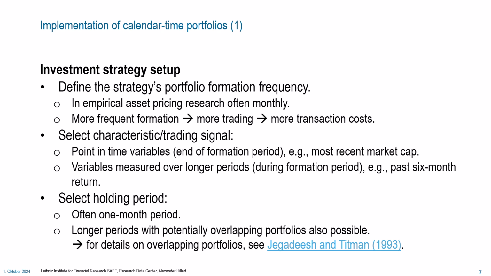However, you could also say, okay, let's do it on a daily level. Let's say each day we look at which stocks announced earnings today, and then we buy the stocks that had the biggest earnings surprise, meaning the firm that beat analyst earnings forecasts, and we sell short stocks that failed to meet analyst earnings forecasts.